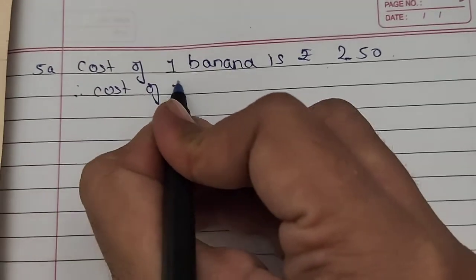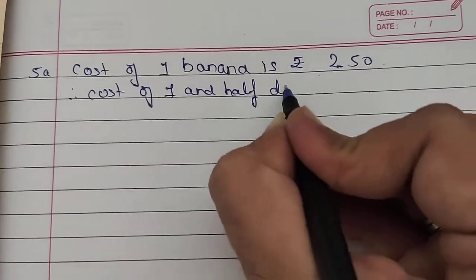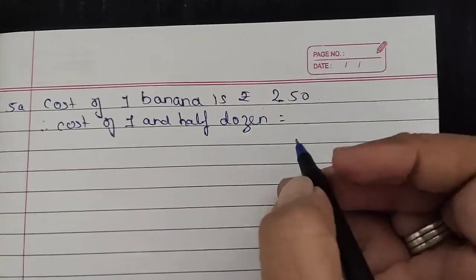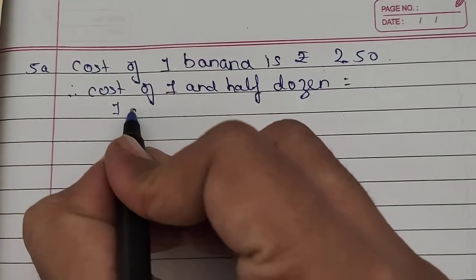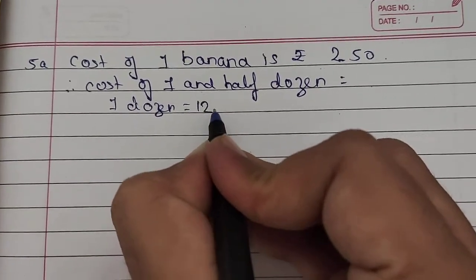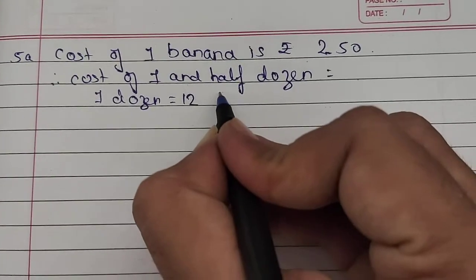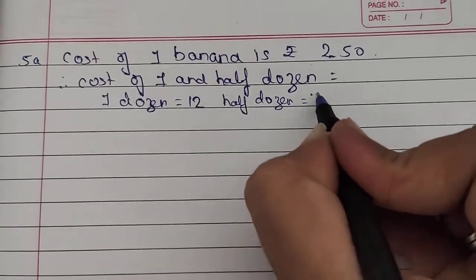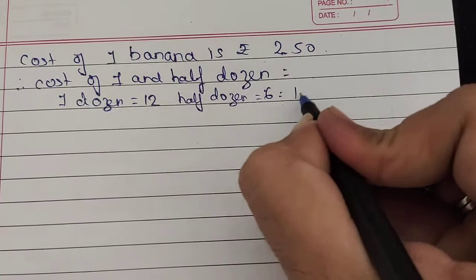Now 1.5 dozen, students, 1 dozen is equal to 12, isn't it? So half, 1 dozen is equal to 12 and half dozen is equal to 6. So total how much do we have? 12 plus 6 is equal to 18.